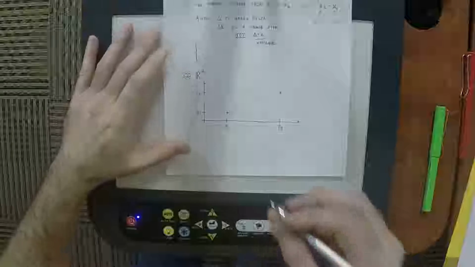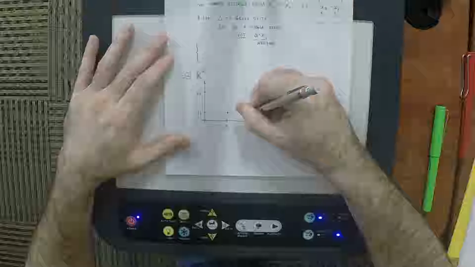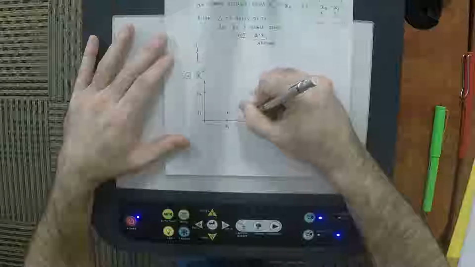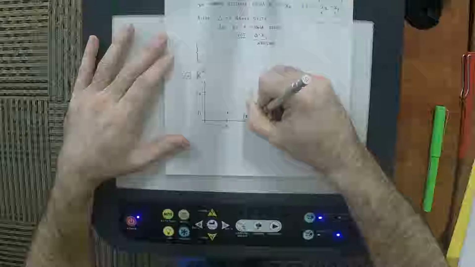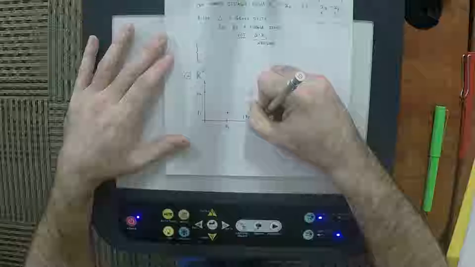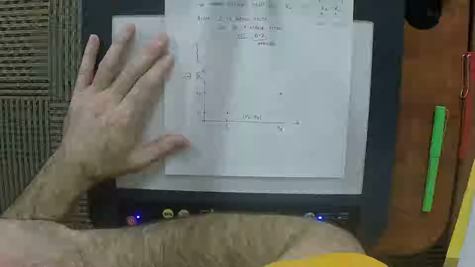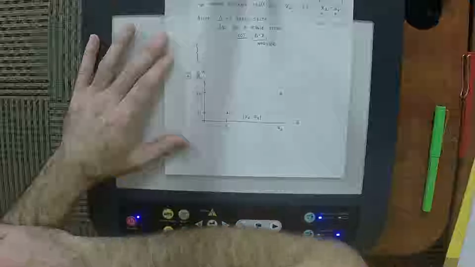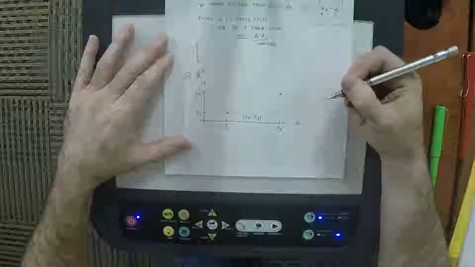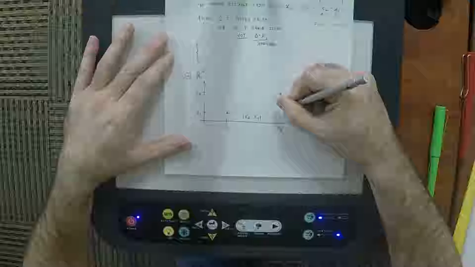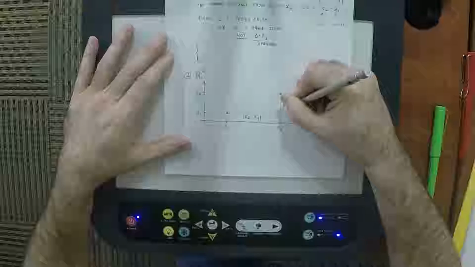So it's not quite delta x, it's absolute value of delta x. So I'll write absolute value x2 minus x1. So then what is the length of the height? Absolute value y2 minus y1. Very good.